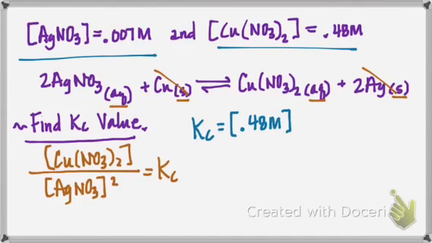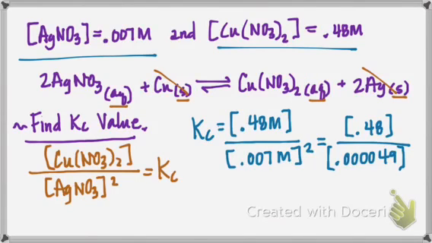And I'm not having to multiply it by anything because, well, it's just that. And then I'm going to take my concentration of my silver 1 nitrate, and it's going to be 0.007 molar. But then I have to square that value. Once I square that value, I've got my 0.48, and then I'm going to divide it by my denominator.